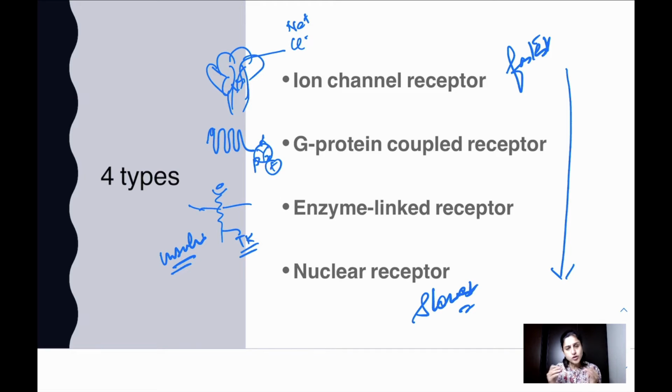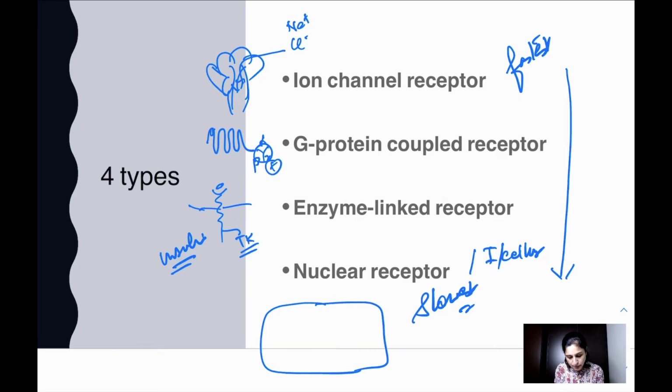The fourth one is the nuclear receptor, or we can also call it an intracellular receptor. Because, let's say this is a cell, the receptor can be present in the cytoplasm, or the receptor can be present in the nucleus. Okay? So both are intracellular receptors, but ultimately the response of both is the same.